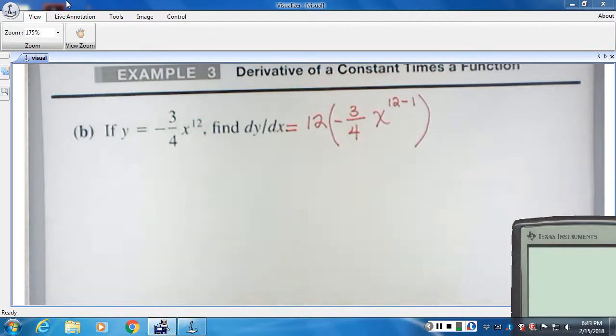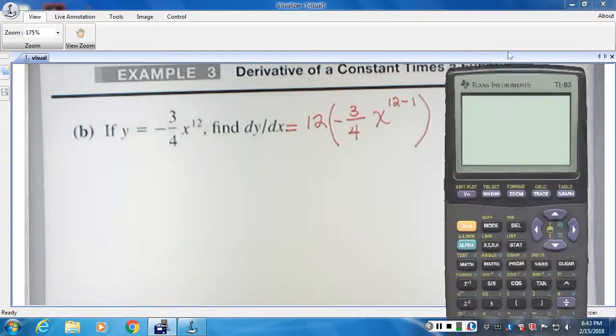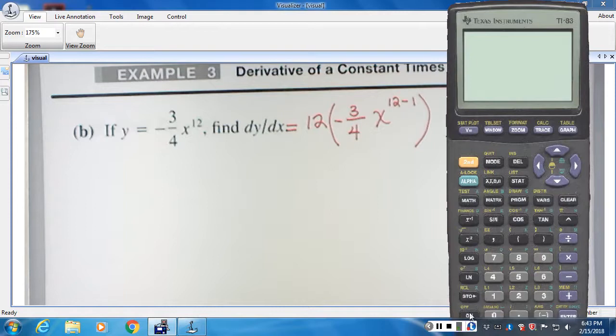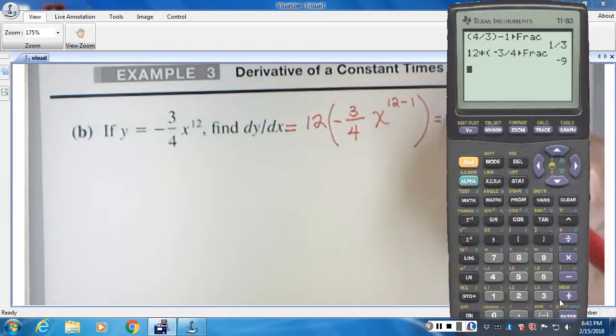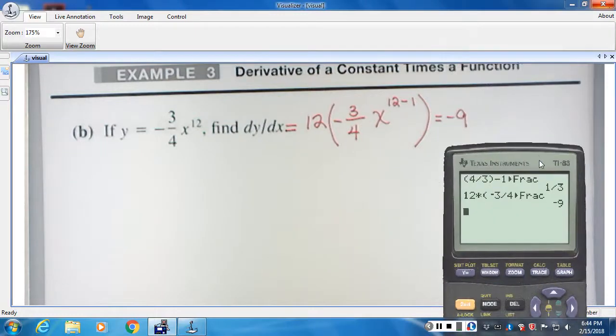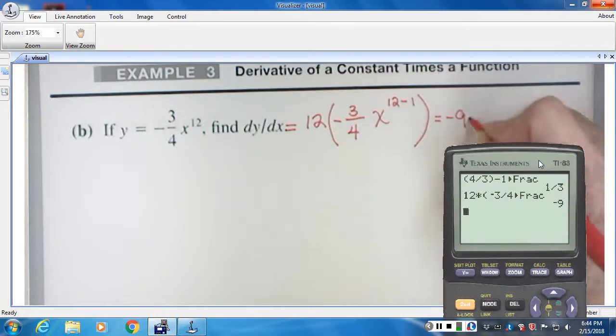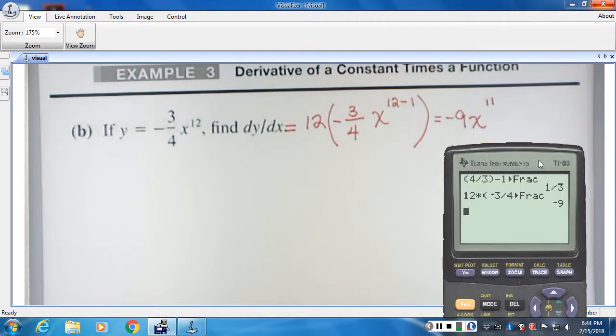And if you don't want to multiply the fractions and take a chance on getting that part wrong, you can always use your calculator. 12 times negative 3 divided by 4, and have it give it to you as a fraction just in case it doesn't come out even. It comes out to be negative 9. And then x is to the 11th power. You reduce your power by 1.